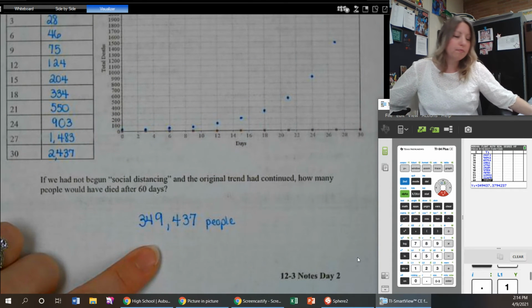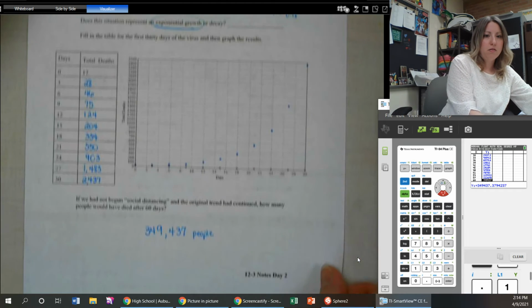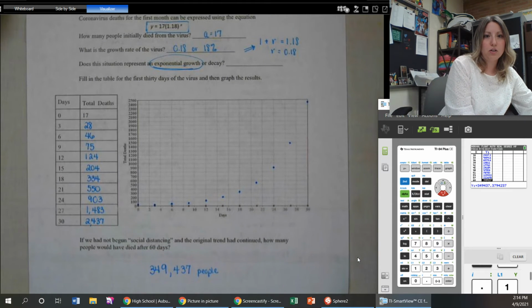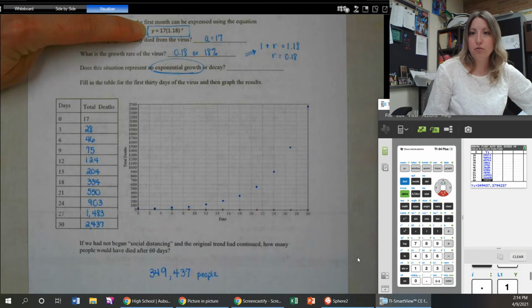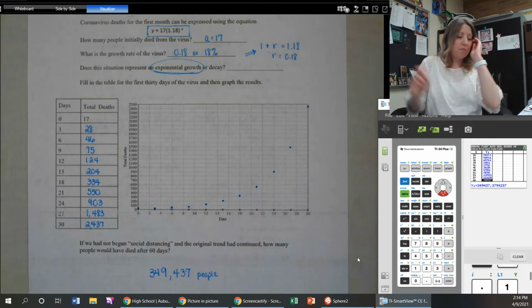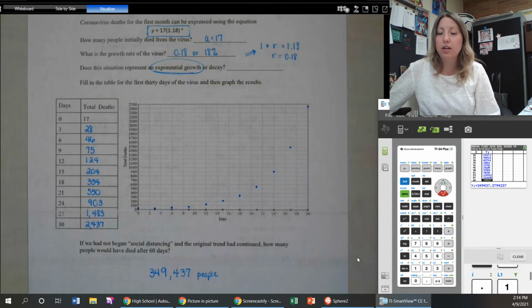Okay. And again, all this using the model we had come up with in March of 2020. This is how we use exponential growth and decay to make predictions.